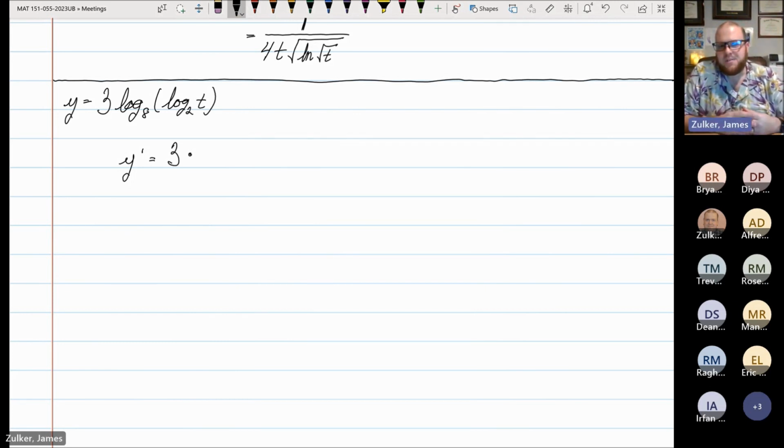It's a base 8 logarithm. It's going to be what? It's going to be 1 over u times natural log of the base, right?